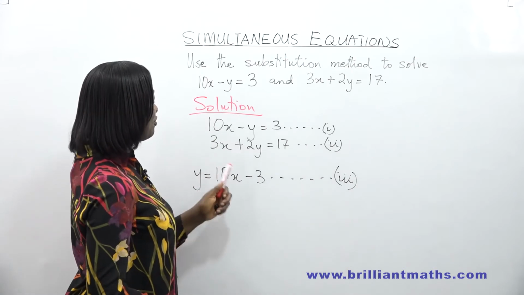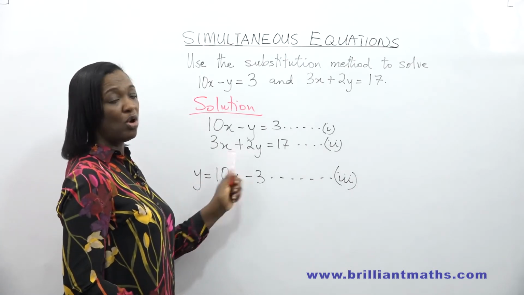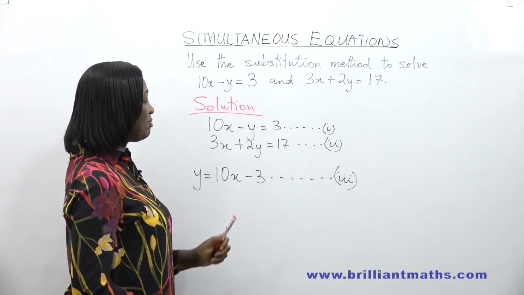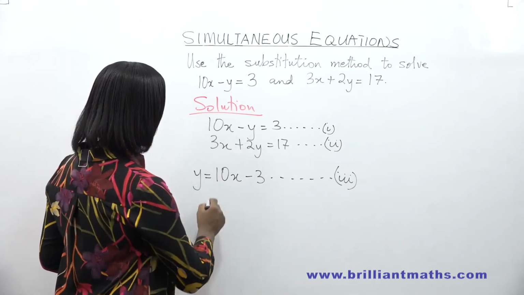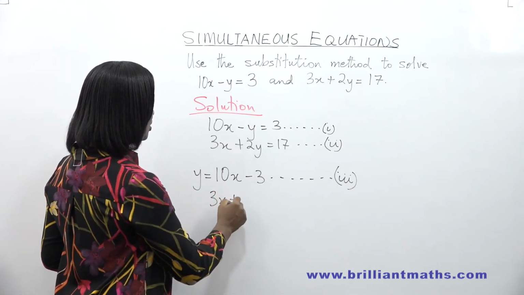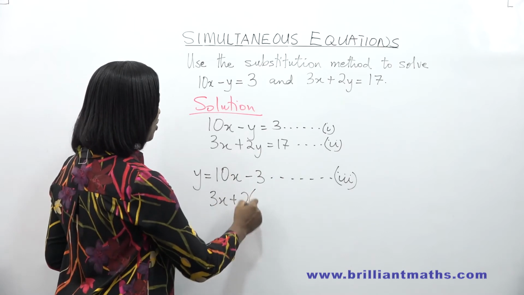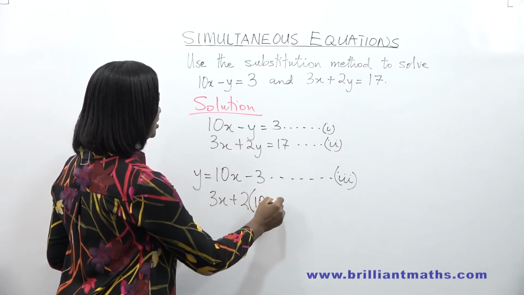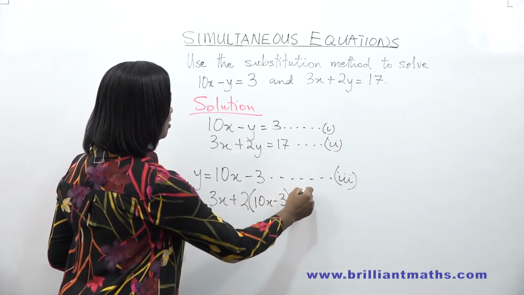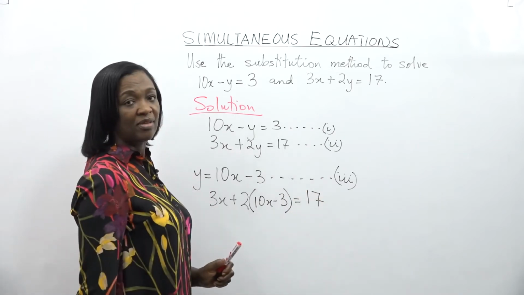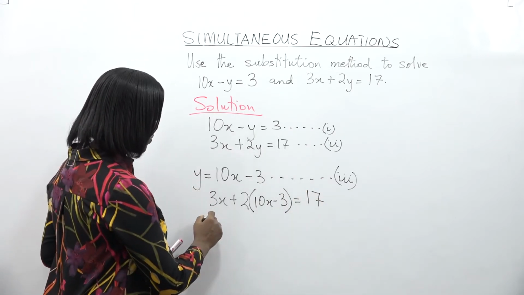So anywhere we find y in equation 2, we'll write 10x minus 3. So 3x plus 2y, our y becomes 10x minus 3 is equal to 17. We expand the bracket now.